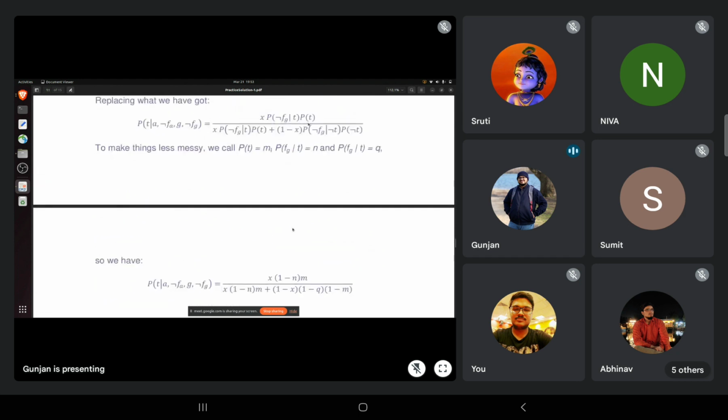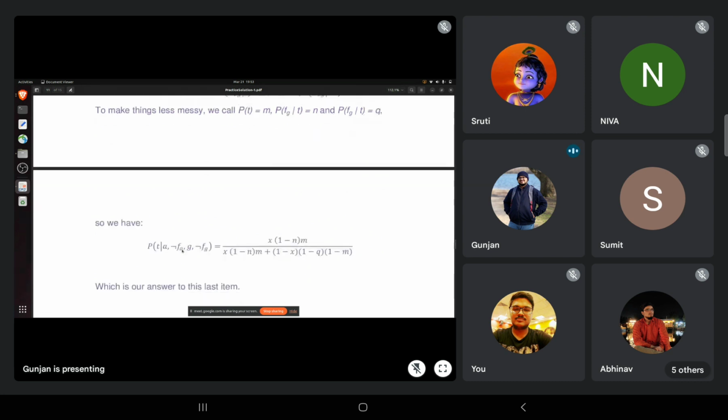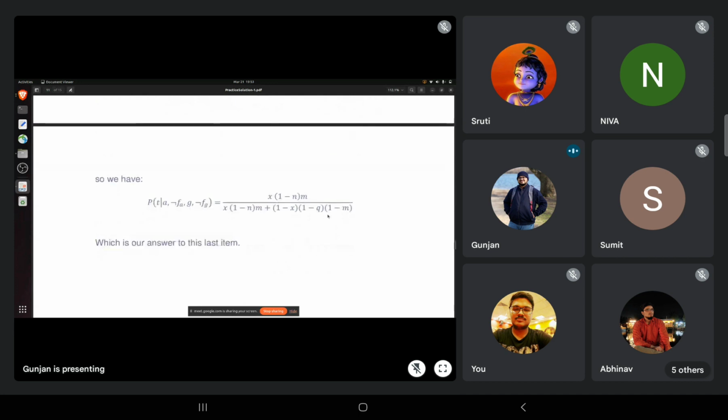So P of T we are taking as M, Fg given T is taken as N, so not Fg given T will be 1 minus N, right? And Fg given not T we are taking as Q, so not Fg given not T will be 1 minus Q. And P of not T will become 1 minus M. So this is what it will finally be.